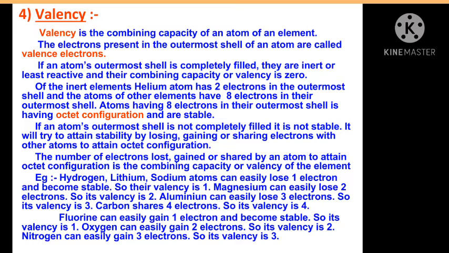But it is easier for fluorine to gain 1 electron instead of losing 7 electrons. Hence, its valency is determined by subtracting 7 electrons from the octet, and this gives you a valency of 1 for fluorine.